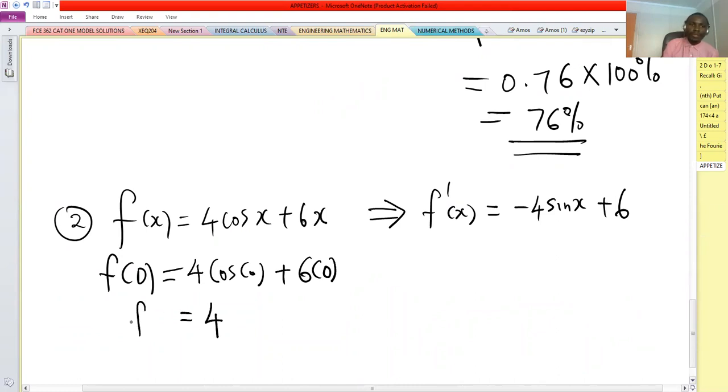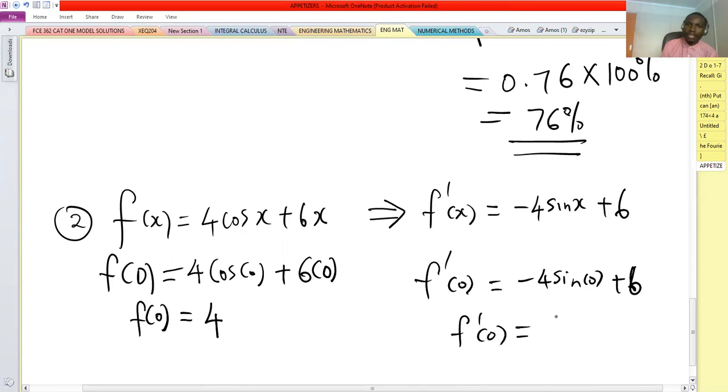So therefore, the true value of the function at x equals 0 is 4. And then the derivative of the function at 0 will be minus 4 sine of 0 plus 6. Sine of 0 is just 0, so minus 4 times 0 is 0. So f prime at 0, we get 6.